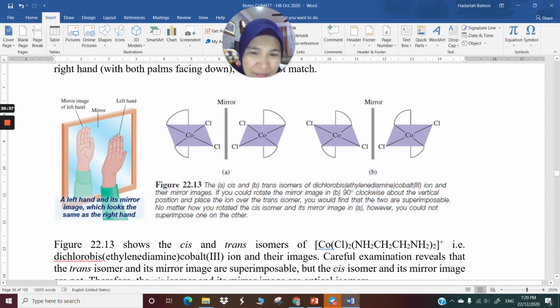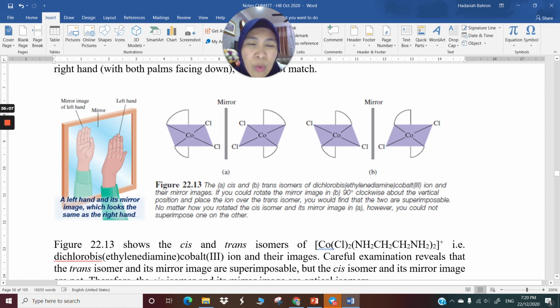Correct? And place the ion over the trans isomer, which is this one here, you will find that the two are totally superimposable. You take this molecule and put it on top of that molecule, and you will find that they are totally matching.